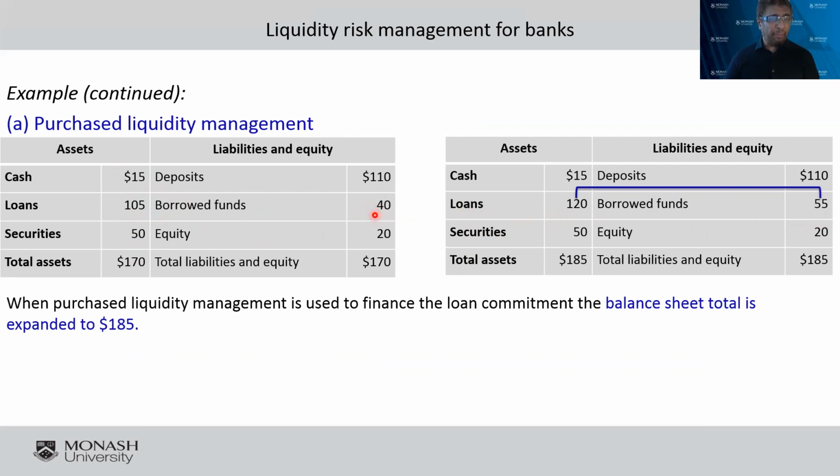So my liabilities increased from 40 to 55, and my assets increased from 105 to 120. So the balance sheet is increased. So the fourth rule: if we have a liquidity risk coming from the asset side and we finance it through liability, the balance sheet size will increase.